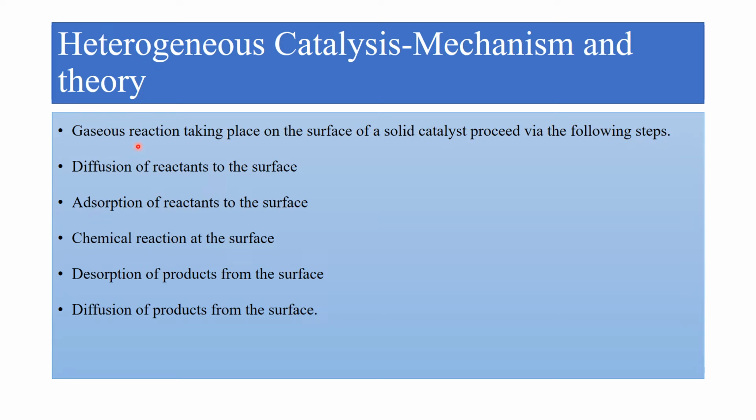A gaseous reaction taking place on the surface of a solid catalyst proceeds via the following steps. First is the diffusion of reactants to the surface. That is, the reactants diffuse to the surface of the catalyst.